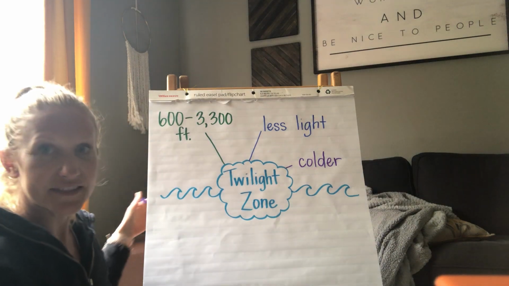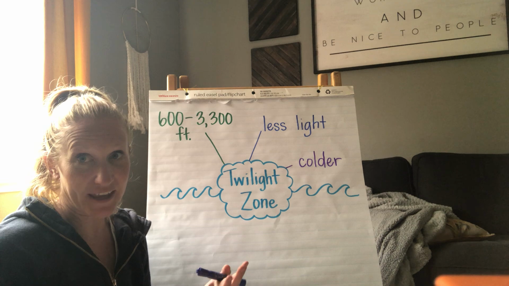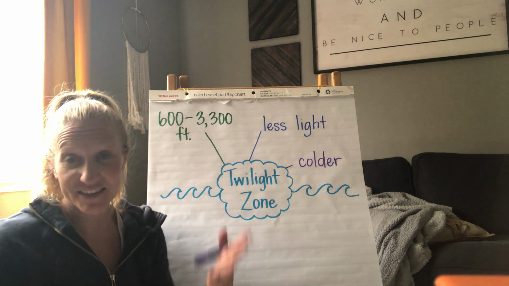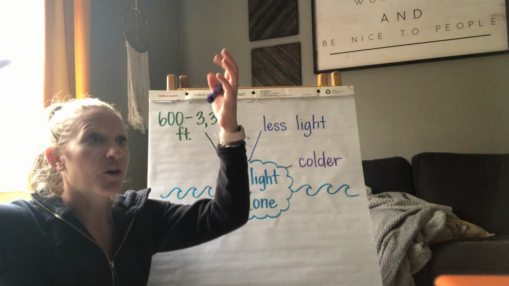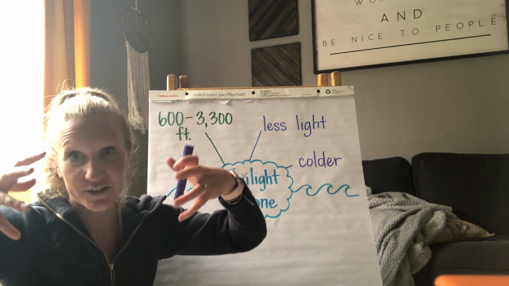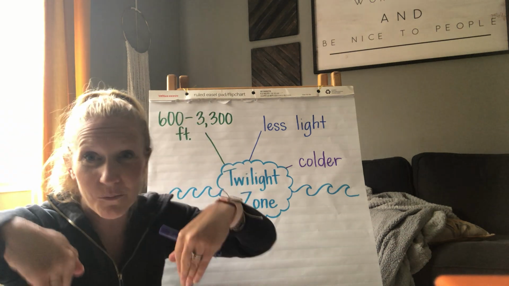And that makes sense because if you think back to what we learned when we were talking about energy and the light and heat energy, we learned that the sun is where we get our light and our heat energy from. So all that energy is going into the sunlight zone, the heat energy, the light energy. And it can only push through so much.